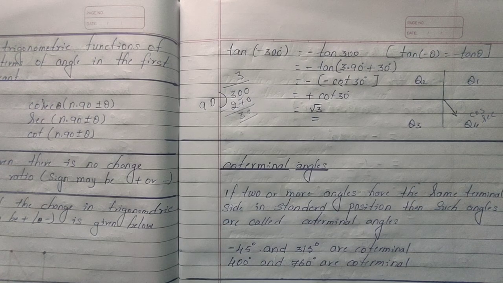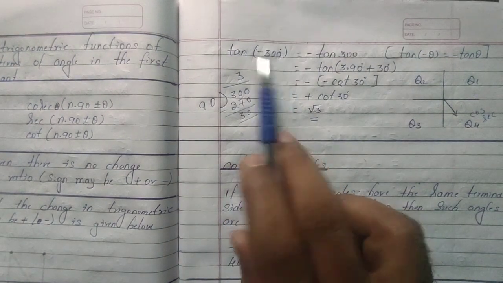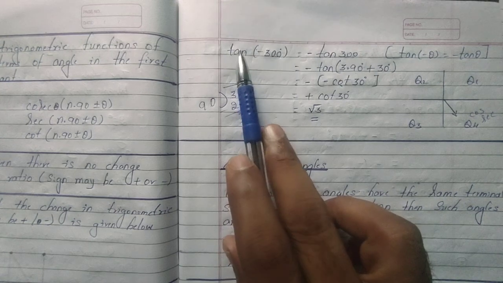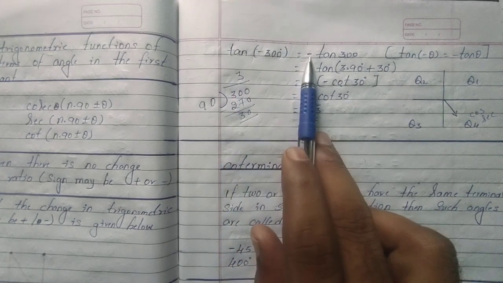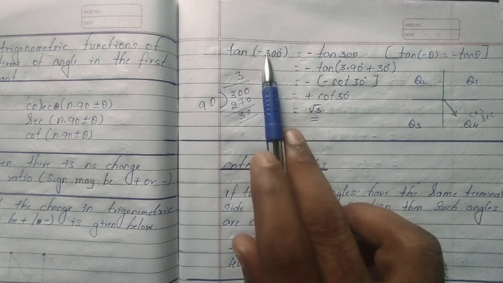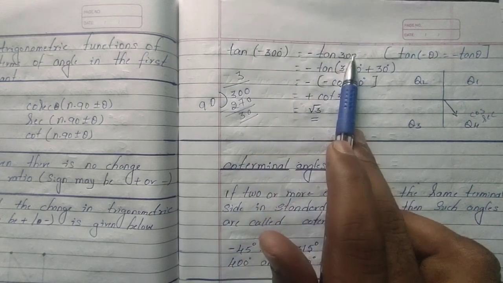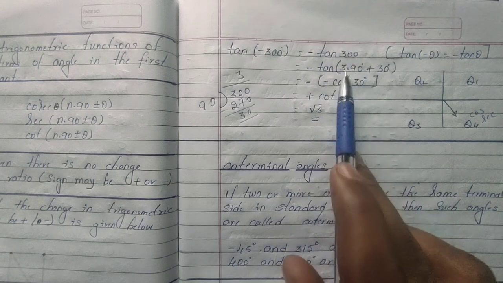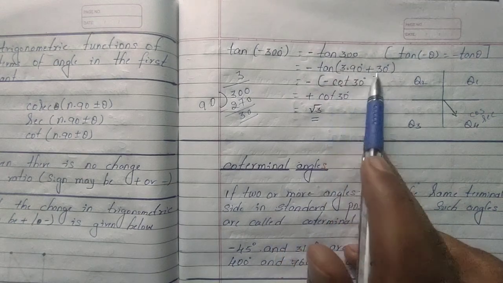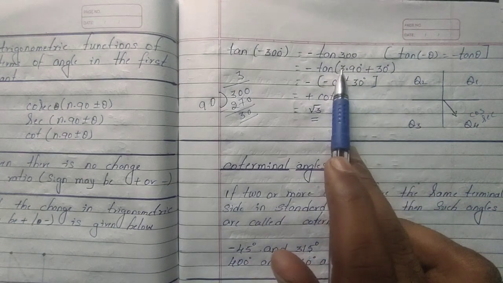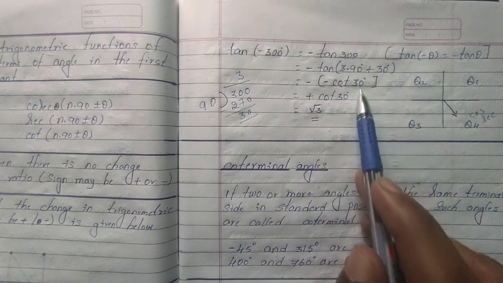Sometimes they may give negative angles. In that, first you see whether it is cos or secant. Cos or secant means this will become positive, but for sine, cosecant, tan, cot this negative angle will become minus. Tan 300 degree. Again this 300 we can split as 3 into 90 plus theta. N is odd, therefore tan will become cot, theta is 30 degree.